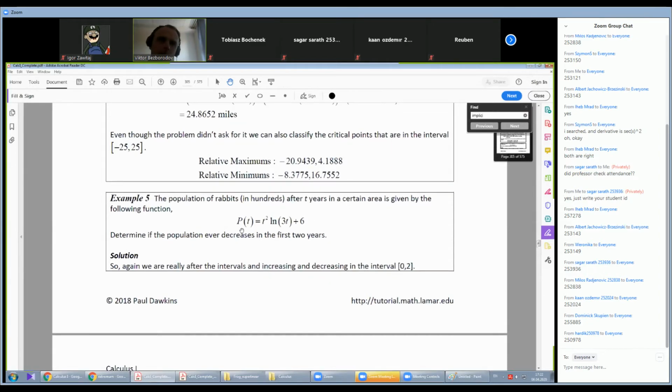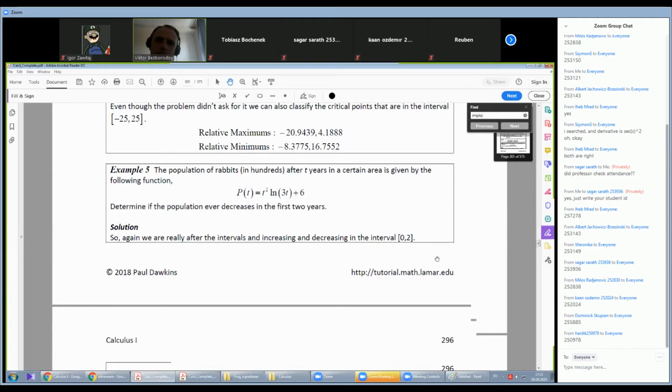So then, you have this example. You have the population. The population size is given by this equation. Determine if the population ever decreases.